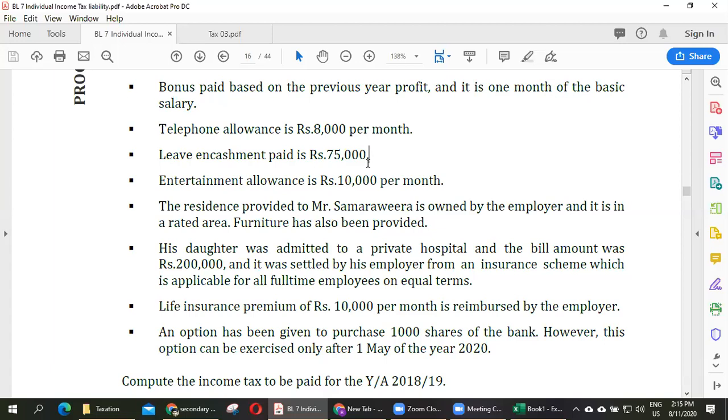Life insurance premium of rupees 10,000 per month is reimbursed by the employer. An option has been given to purchase 100 shares of the bank. However, this option can be exercised only after 1st of May 2020. See the date, right? 1st of May.